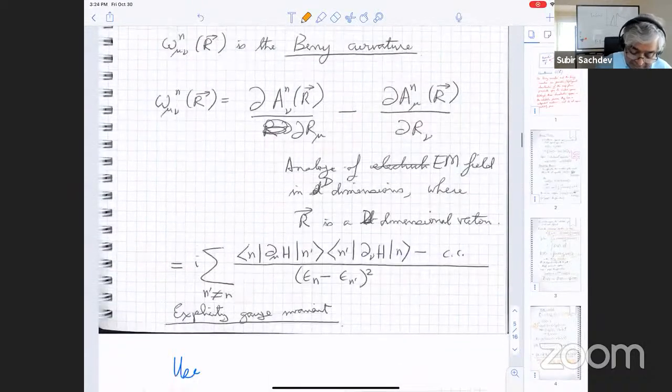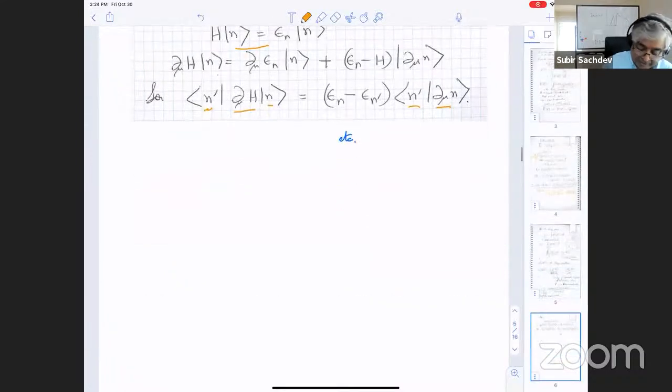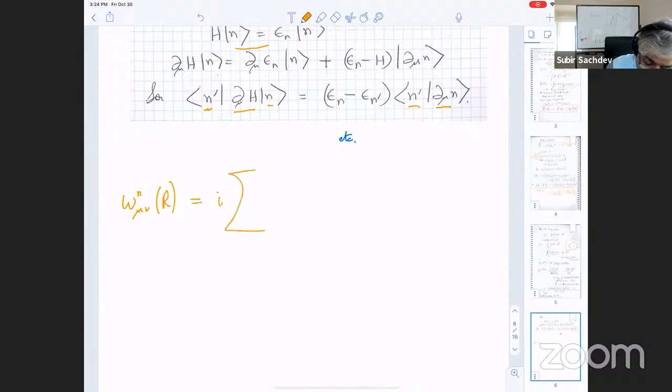And then you get an expression, which I will try to write down again, for the Berry curvature. So the Berry curvature of the nth state, and the mu nu components of it, F mu nu, so it depends on which point you're in parameter space, is equal to i times the sum over n prime not equal to n.